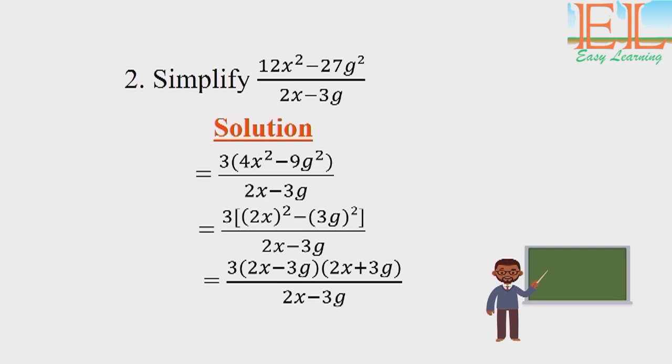But what can we see? The 2x minus 3g can divide 2x minus 3g as the denominator. And so when I divide that, I'll now have 3 times 2x plus 3g as my answer.